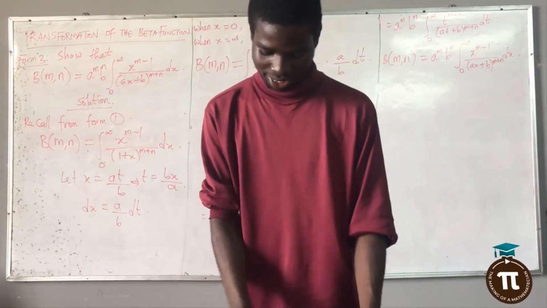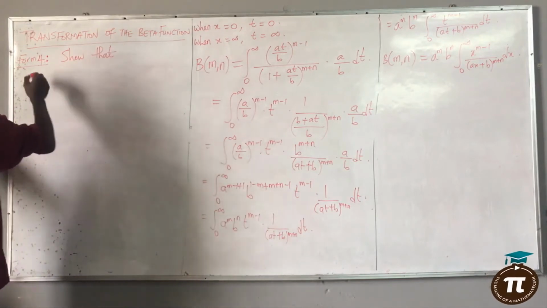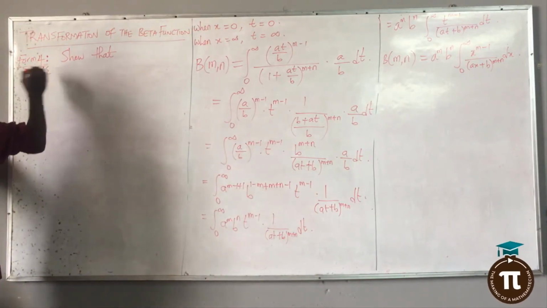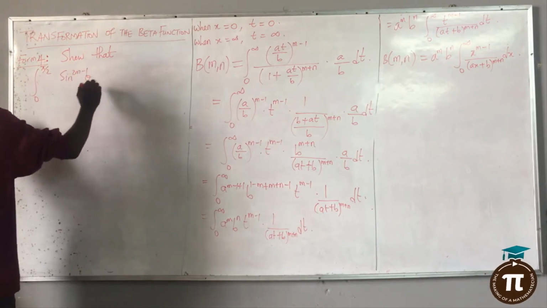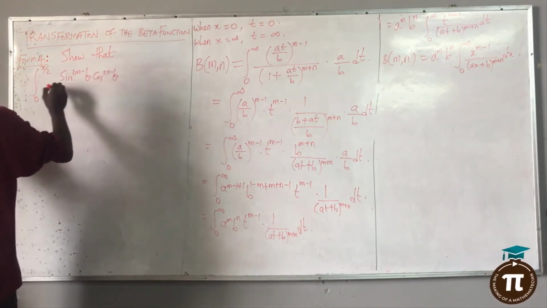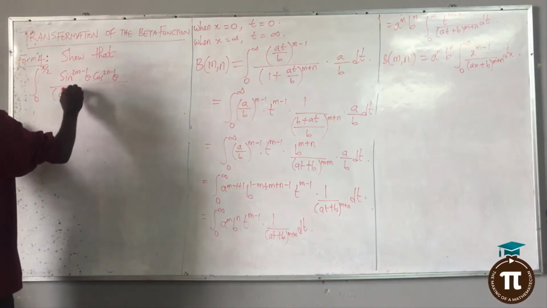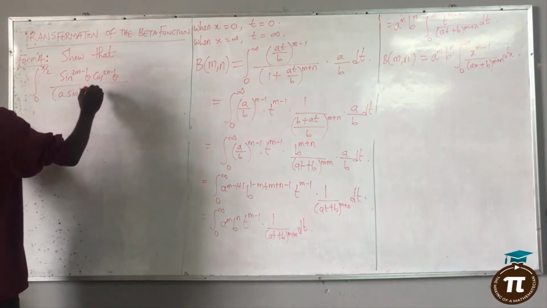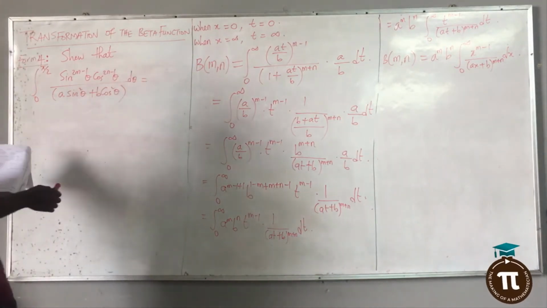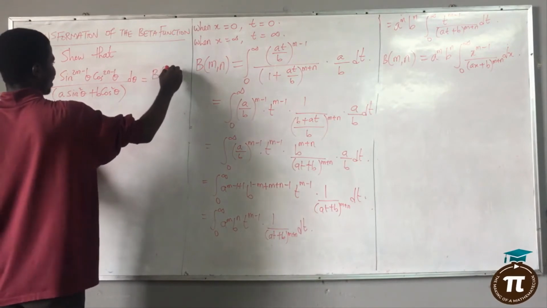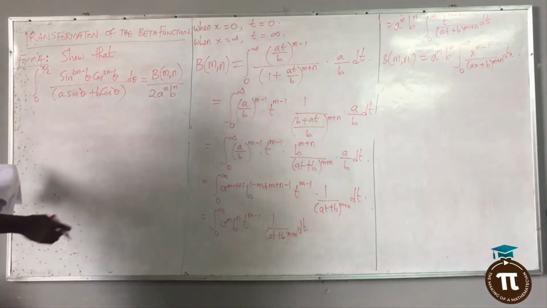We want to go to the next form, form 4. Show that integral from 0 to pi over 2 of sine raised to the power of 2m minus 1 theta cos raised to the power of 2n minus 1 theta all over a sine square theta plus b cos square theta raised to the power of m plus n, d theta, is equal to the beta function of m comma n all over 2 a raised to the power m b raised to the power n.